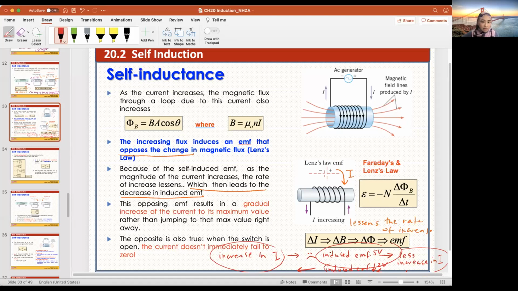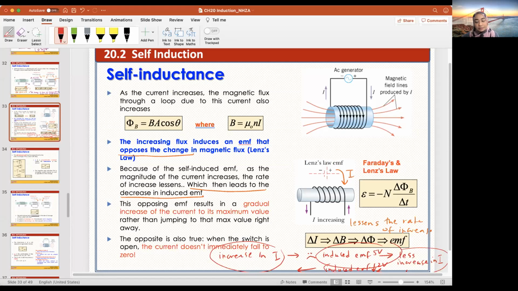So the increase rate continues to decrease and the induced EMF continues to decrease until the induced EMF is gone. So that is the whole story here.